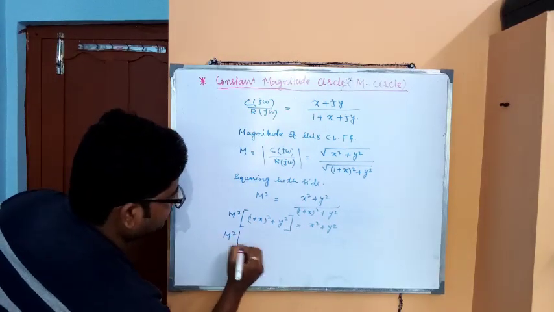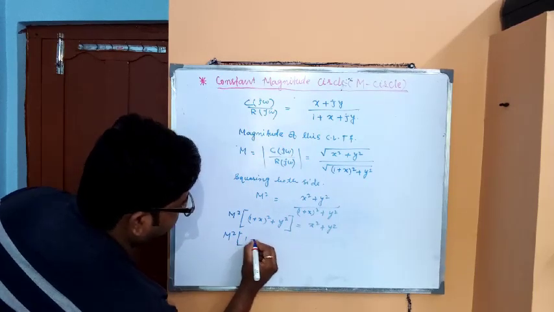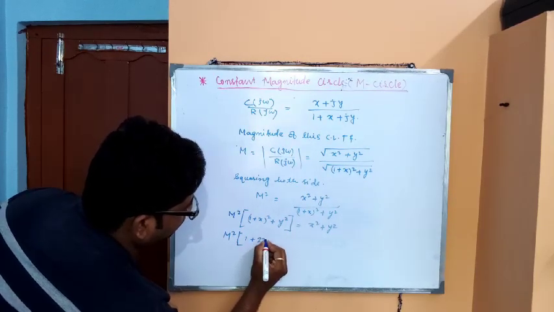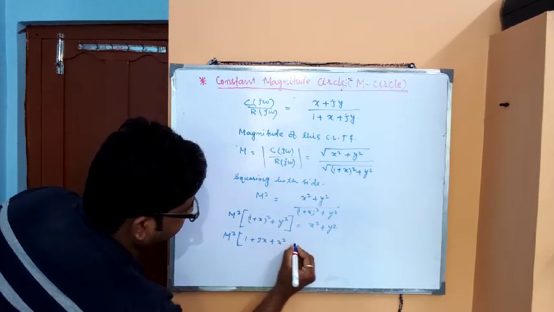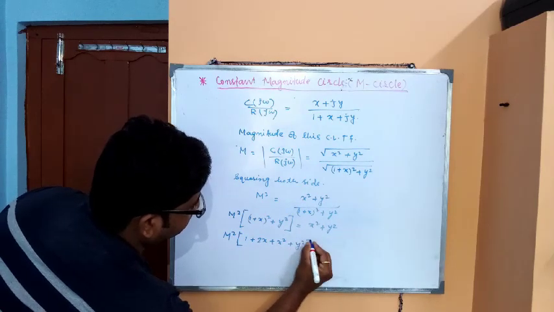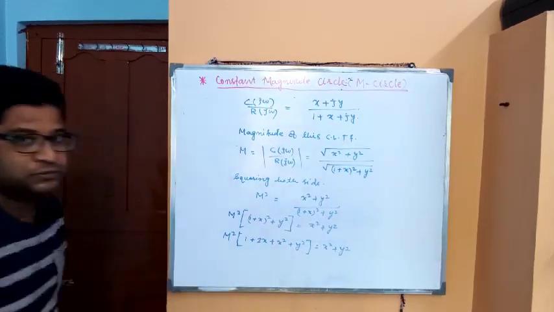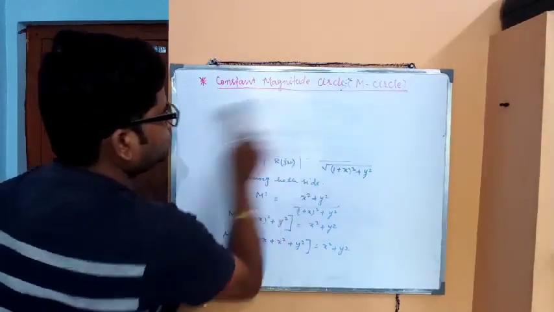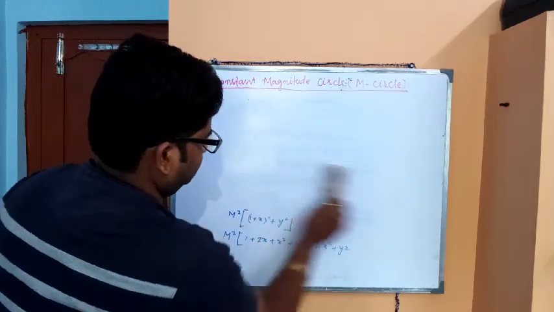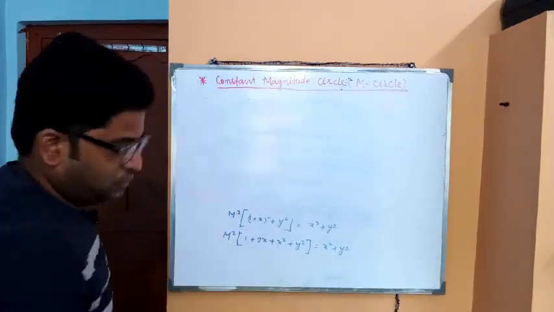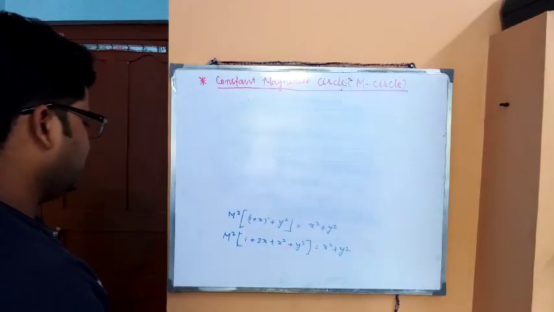Simplifying this equation will become M square into 1 plus 2x plus x square plus y square is equal to x square plus y square. So after simplifying we got this type of expression.